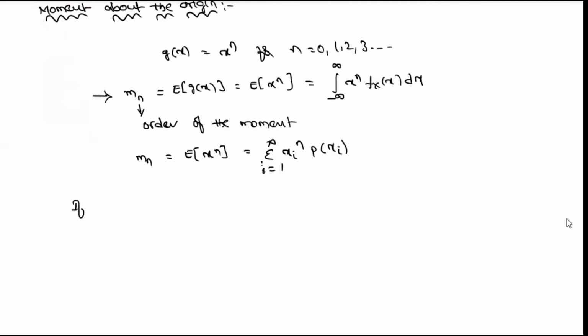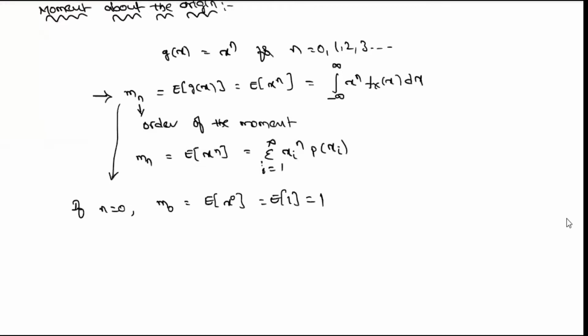Now I am taking two examples. If n is equal to 0, what happens? Let us take the continuous random variable case. If n is equal to 0, this is represented by m naught, the expected value of x to the power of 0, which is 1. So the value is 1.